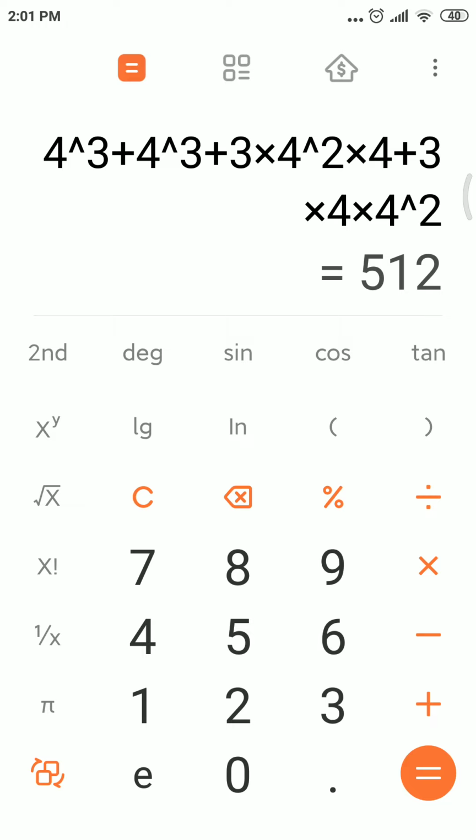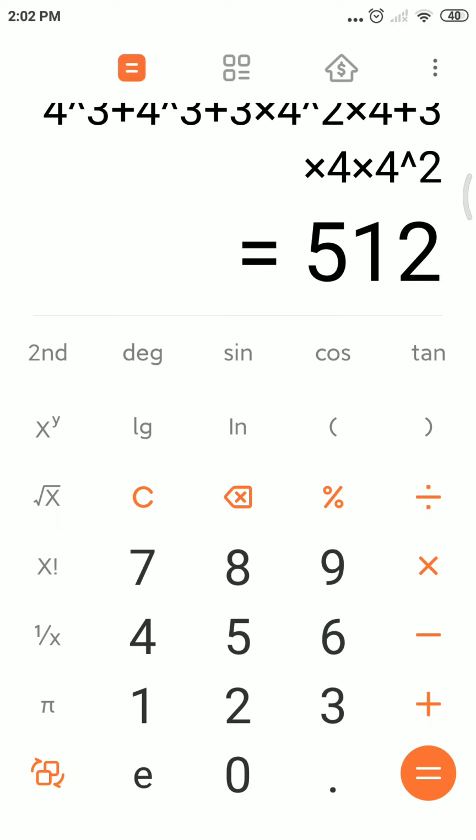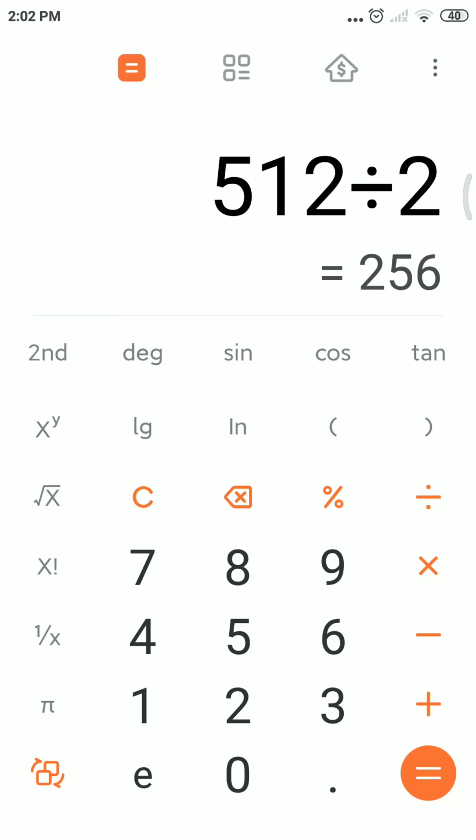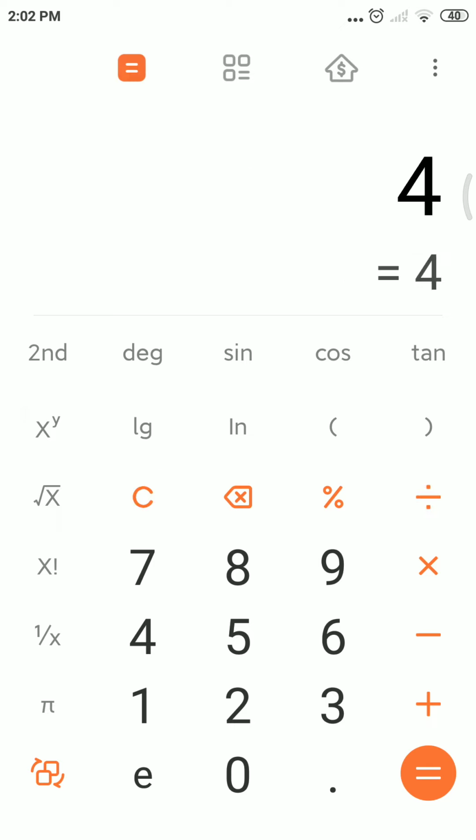So this is 512. 512 divided by 2 gives you 256. 256 is nothing but 4 raised to 4.